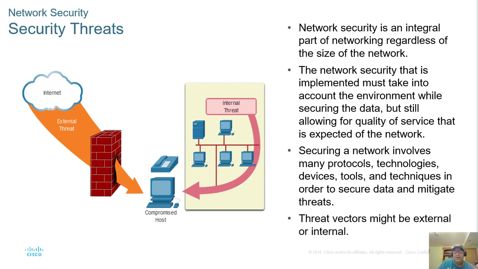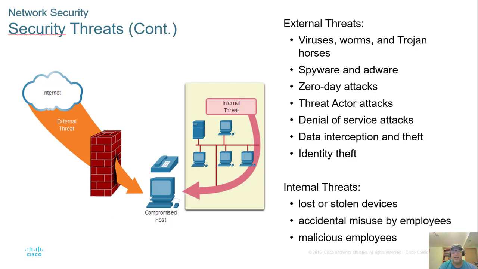Or they might send a phony email to somebody that works inside your organization, and they click on that, and that starts opening things up, and then there's an internal threat. So you just need to be aware of those two things. Not a huge big deal. It does mention some of the types of external threats versus internal threats.